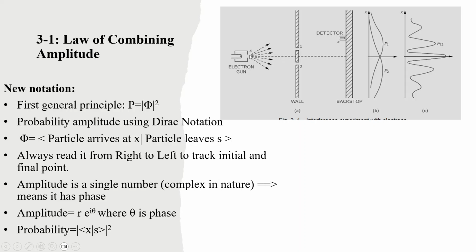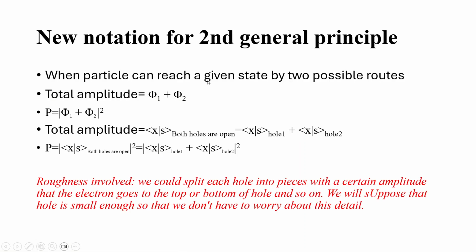One possibility is that this particle from S can go through hole 1 to X, or it can take the path from S to hole 2, then to X. So when particle reaches a given state by two possible routes, then total amplitude is given by phi 1 plus phi 2, and its probability is given by the absolute square of it. So this is the probability.